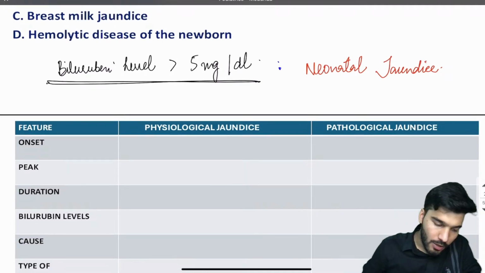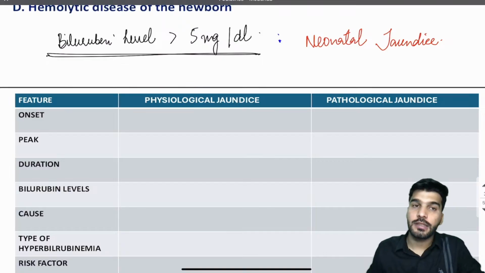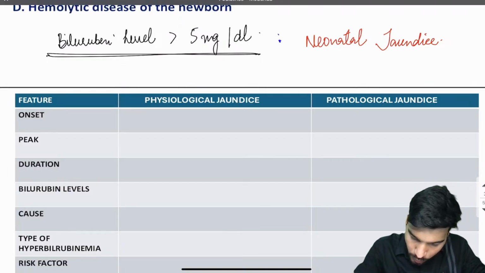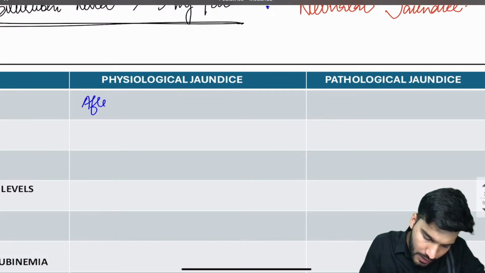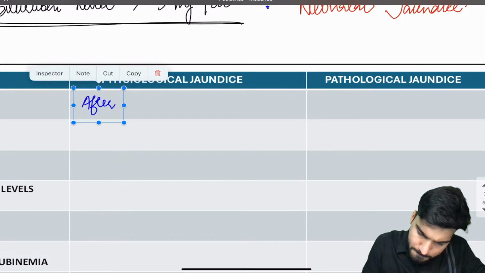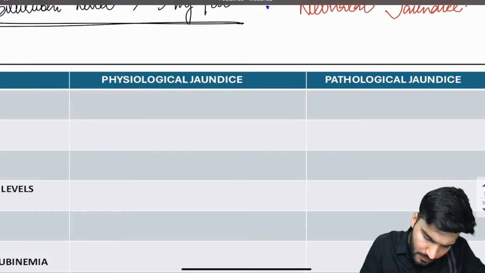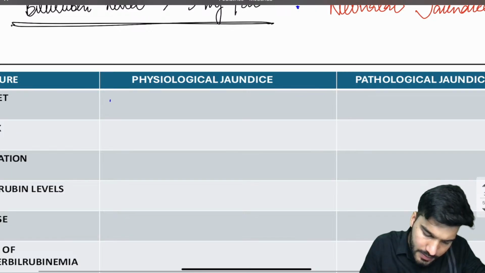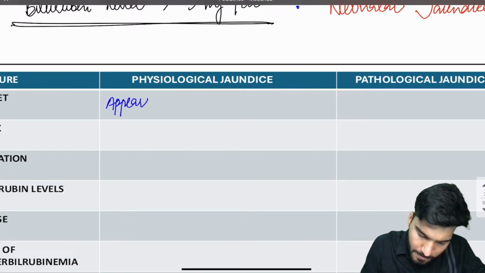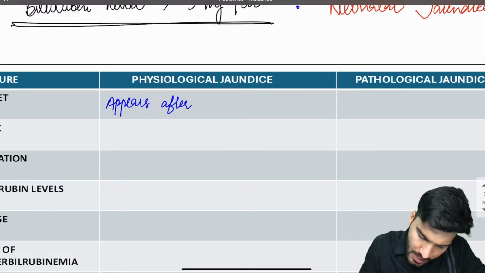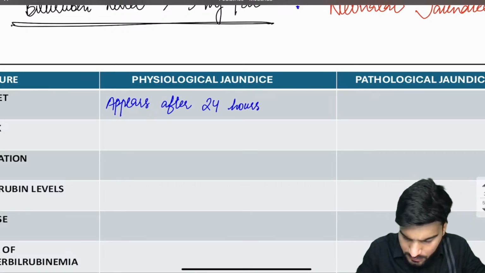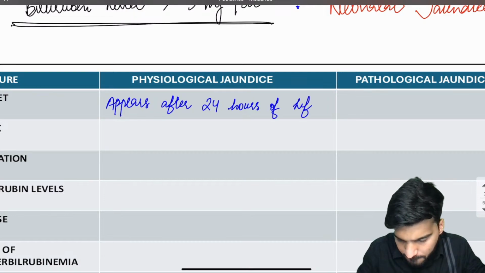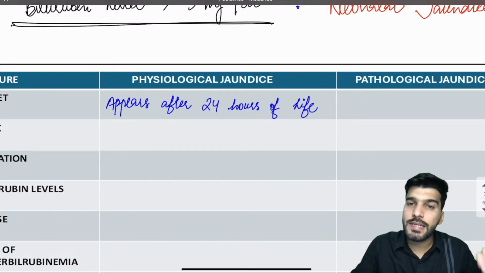Now, the differences between physiological and pathological jaundice. First, the onset. Physiological jaundice appears after 24 hours of life, usually on the second and third day.